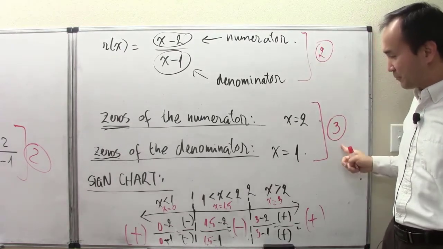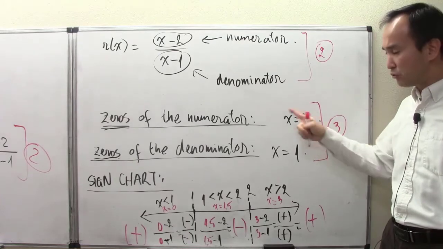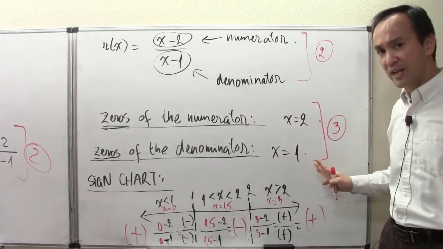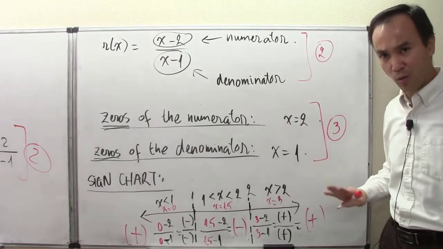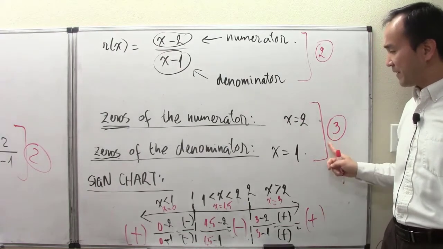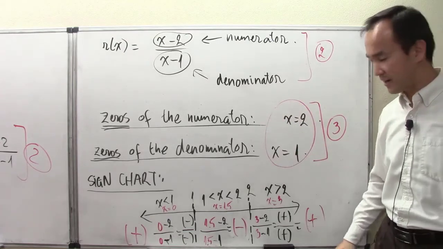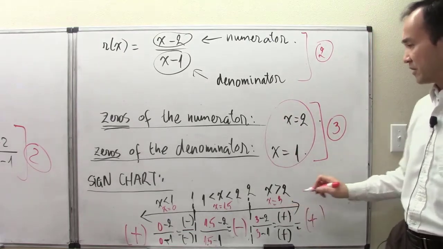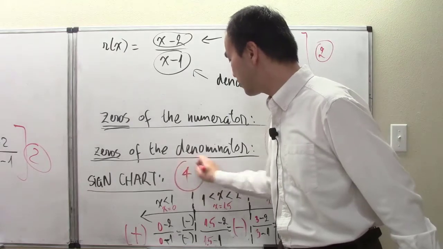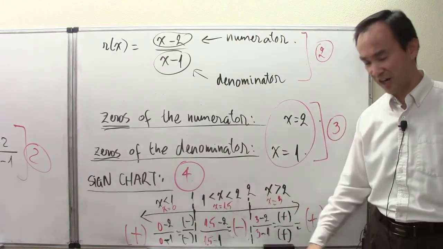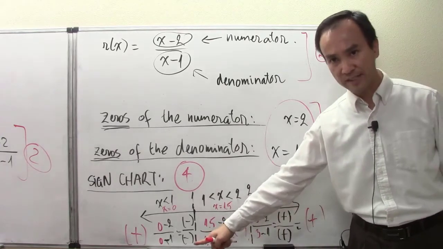Step 3 is here, where we get all zeros of the numerator and denominator, and these steps are written in red ink for a good reason. They are important and quite universal. Once you have all zeros of both numerator and denominator, we're going to build the sign chart. So the sign chart is now your step number 4, that big step number 4. So we built our sign chart, and the way the sign chart works is exactly the same.